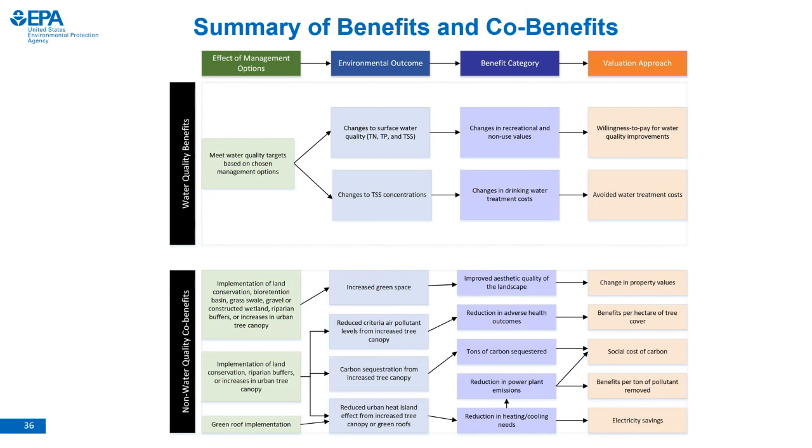These in turn lead to reduction in adverse health outcomes, increase the total poundage or tons of carbon sequestered, reduce power plant emissions, and have associated reductions in heating and cooling costs. And again, we can quantify these as benefits per hectare of tree cover, quantify the social cost of carbon, and quantify associated electricity savings.